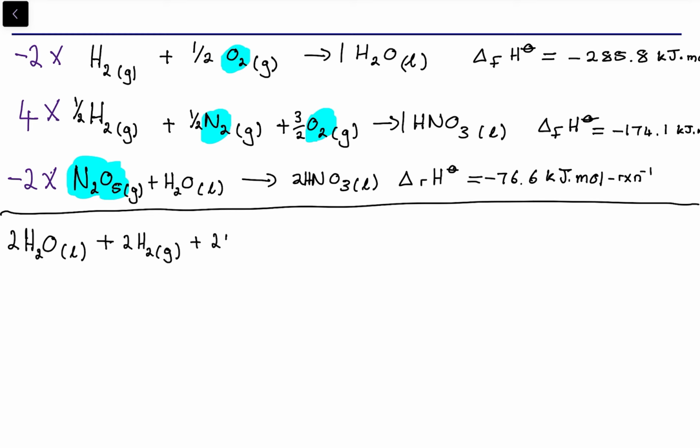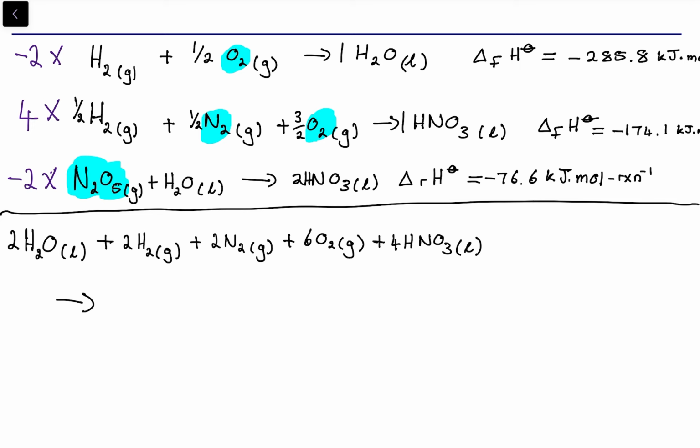Going to have 2N2 gas. We're going to have 6O2 gas. We're also going to have 4HNO3 liquid.